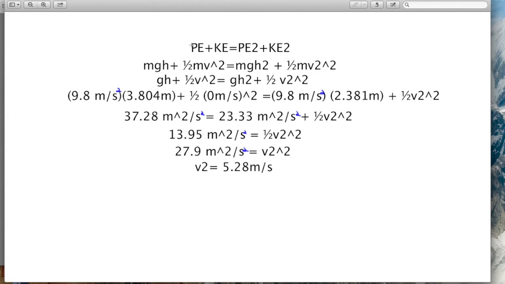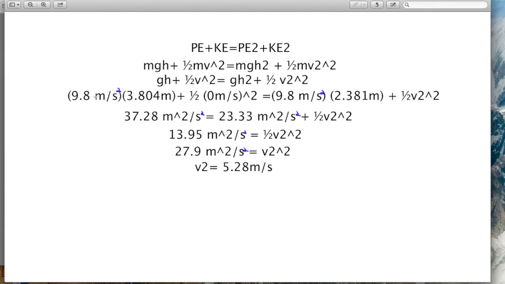So I just rewrote the equation PE plus KE equals PE2 plus KE2, and then I rewrote the formula with its units, canceled out the masses, and substituted in the values.